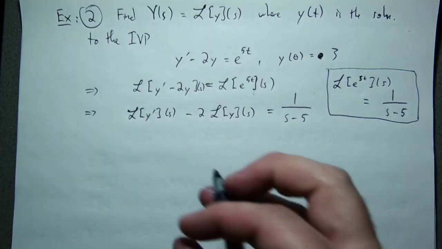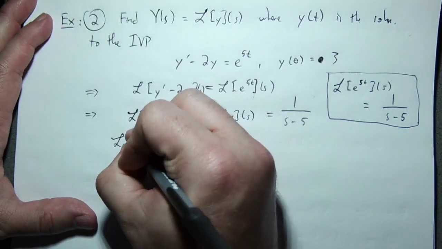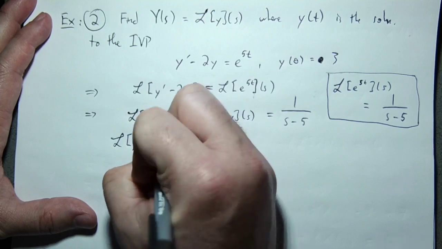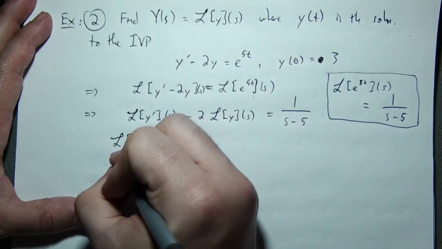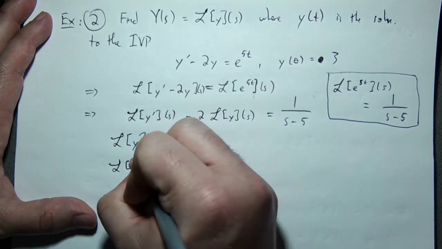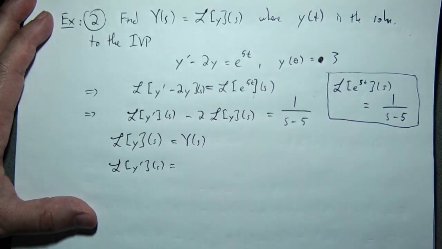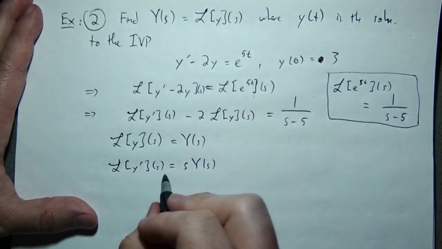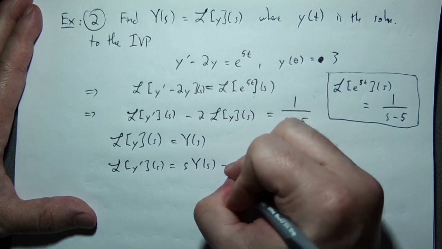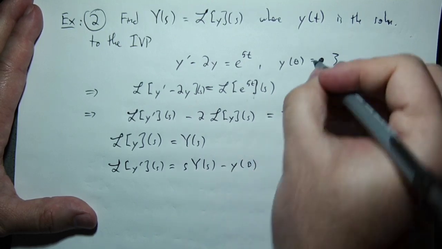Then I use the exact same thing as before. The Laplace transform of little y of s, by definition, is big Y of s. And the Laplace transform of little y prime of s, using this identity, is s times big Y of s minus little y of 0, but I have that from the IVP.